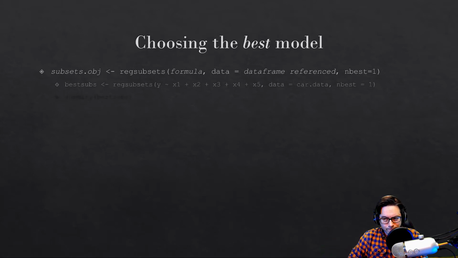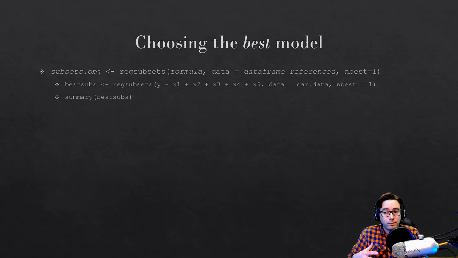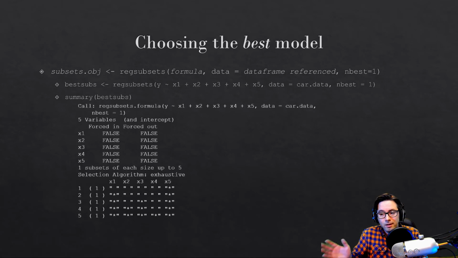The example, the code that's given in the text, has best subs as the object that we create, and this is using the car data. Once we create that object, we just put it into summary and it gives us data. What does it look like? It looks like this.